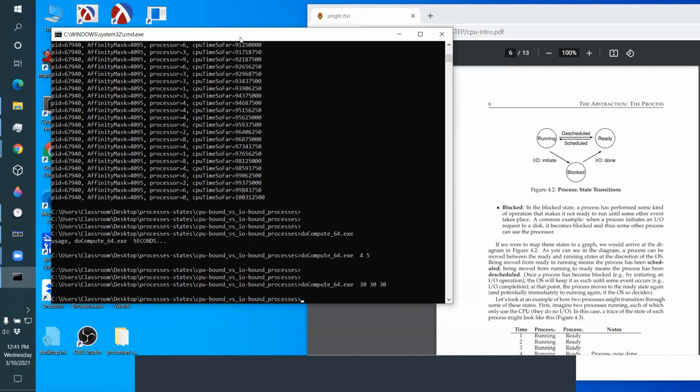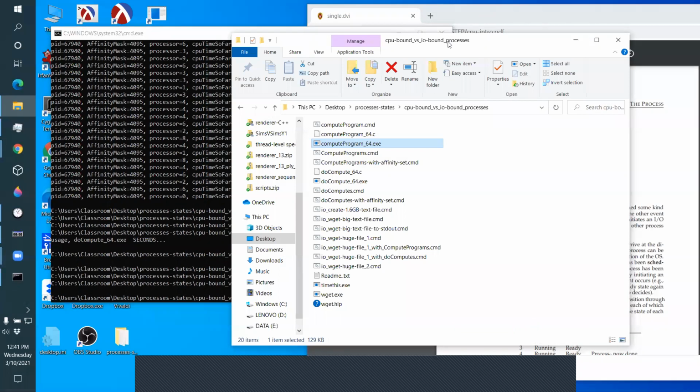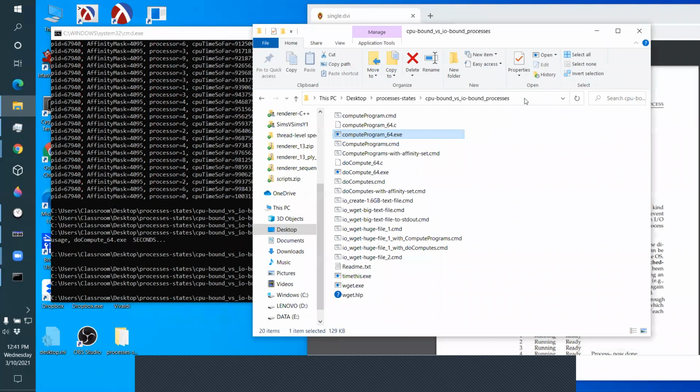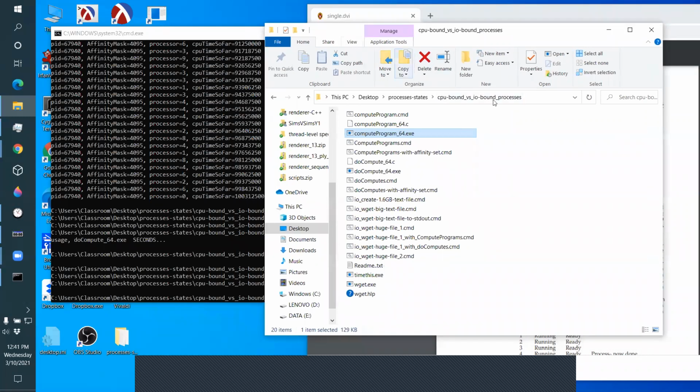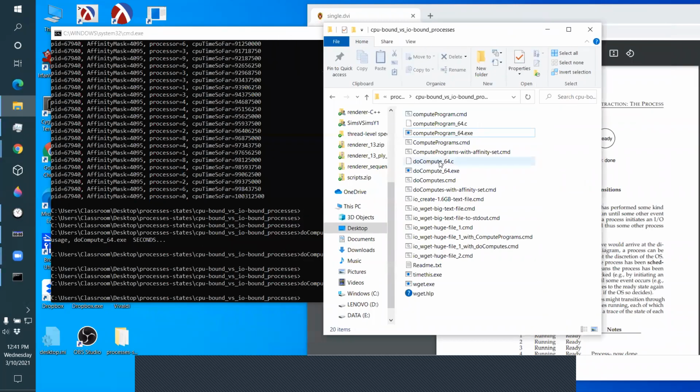Now, what's another thing I can do, and this is the way we're going to approach it. We're not going to think about the scheduler having lots of CPUs. We're going to think that the scheduler has only one CPU. Most of the theory we build up assumes just one CPU. I could do that with this program, do computes with affinity.